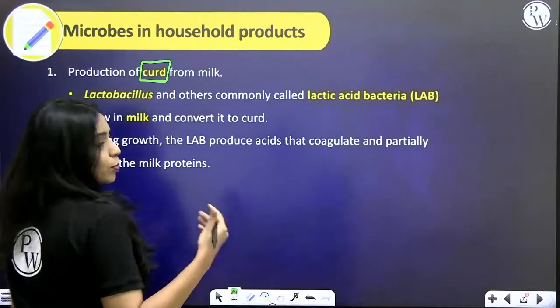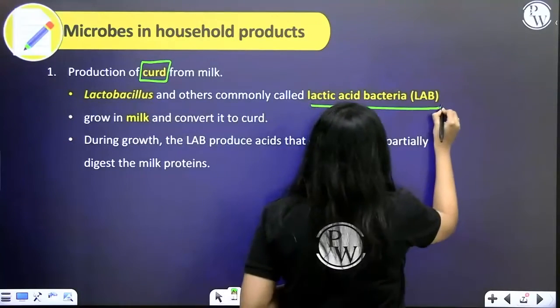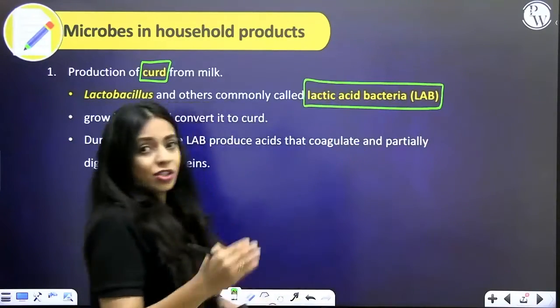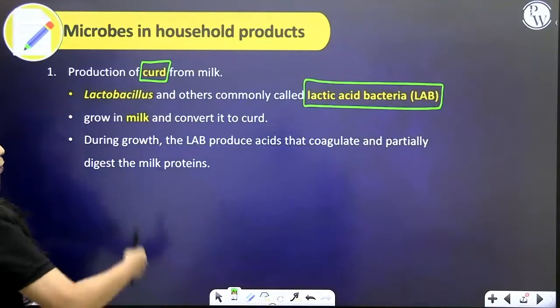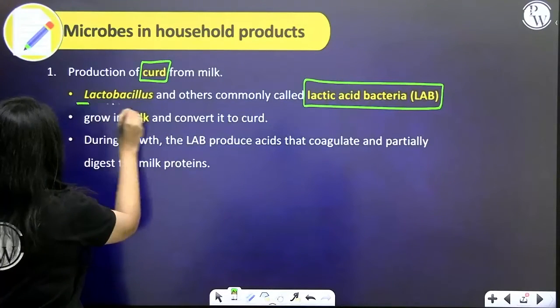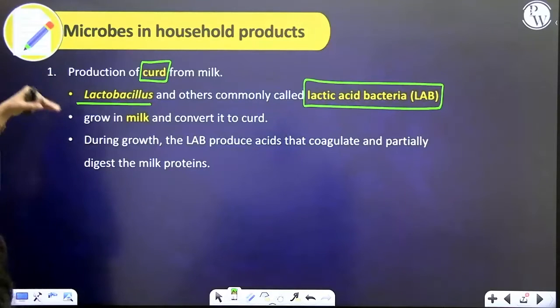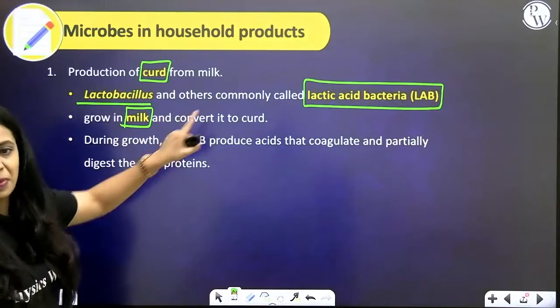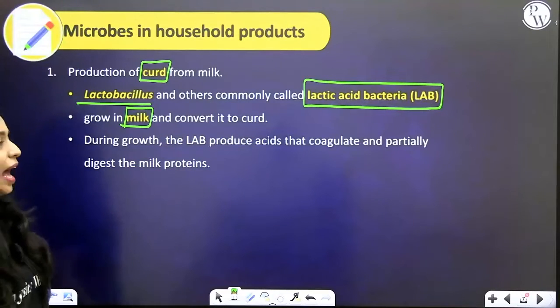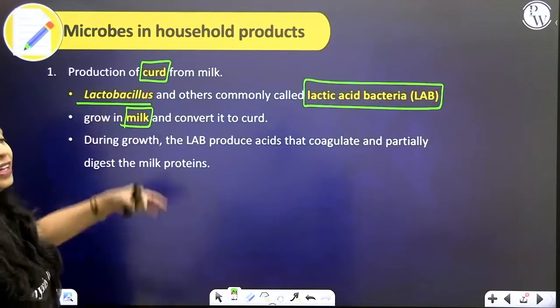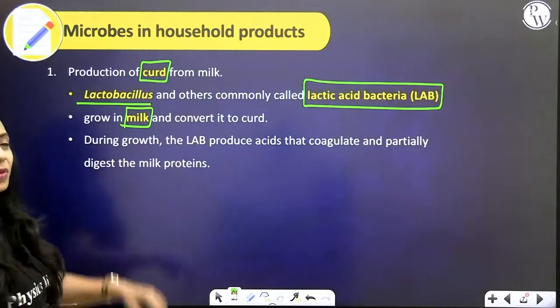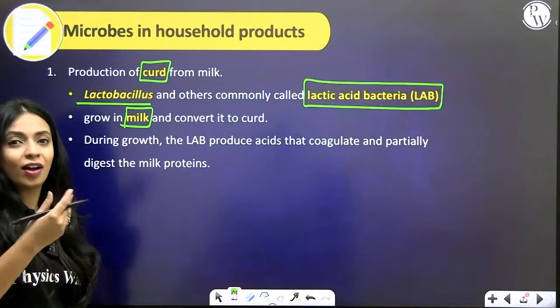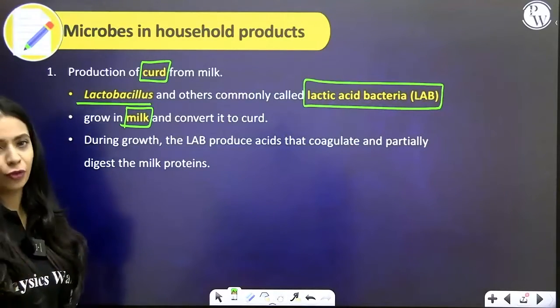So there is a group of bacteria that we call lactic acid bacteria. In short, it's abbreviated as LAB. One example for LAB would be lactobacillus. These bacteria commonly grow in milk and they convert milk into curd. They are called lactic acid bacteria for a reason.